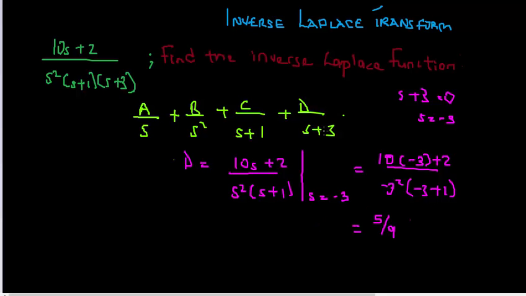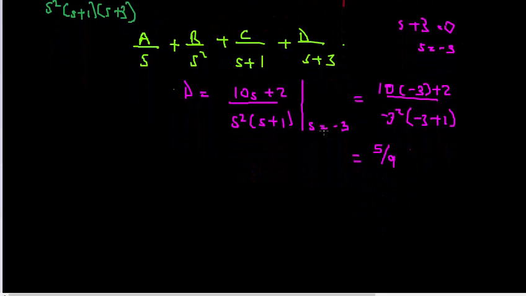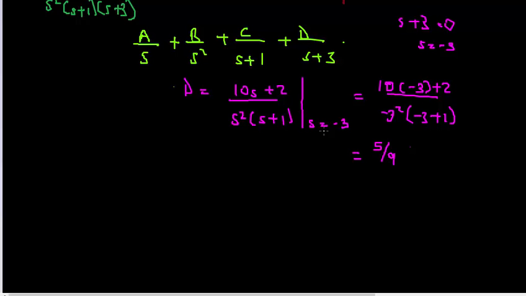Now this is settled. I'm going to move on to solve for C. Now for C, just like we've done earlier, it's the same thing. I have C equals to, now in this case you remove s plus 1 from the denominator, so I have 10(s plus 2) over s squared into bracket s plus 3. Do not forget we've removed the s plus 1 that is supposed to be there.